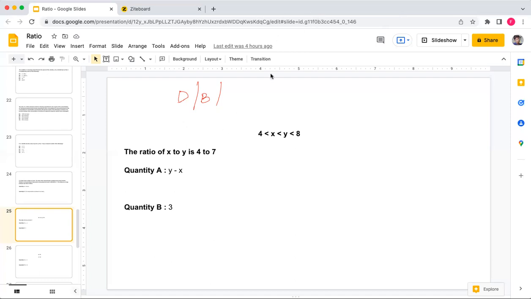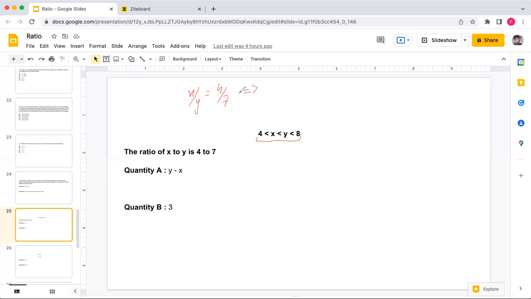Okay, let's solve this question. We have 4 less than x, x is less than y, and y is less than 8. So this is a relation provided. The ratio of x to y is 4 to 7, and we are asked to compare y minus x and 3. So let's try to solve this based on some expression.